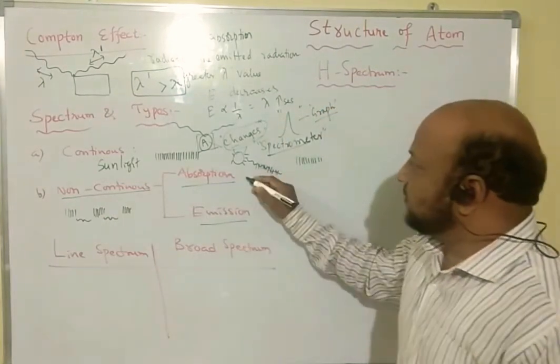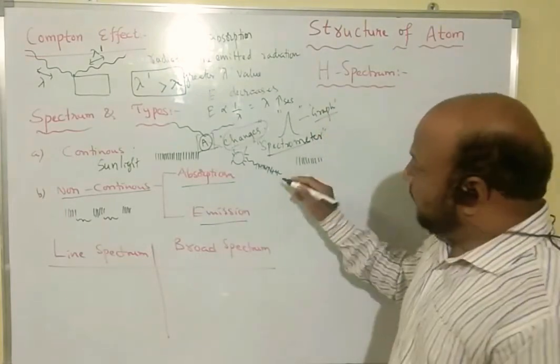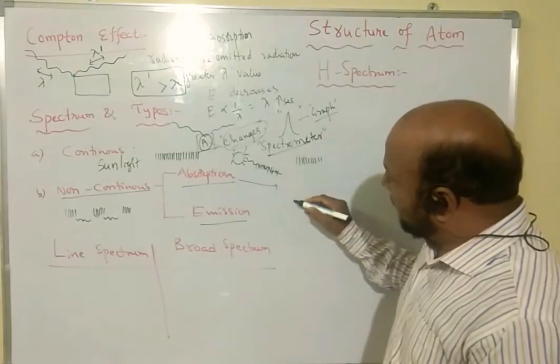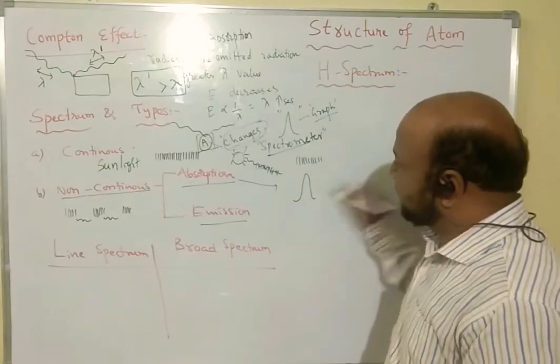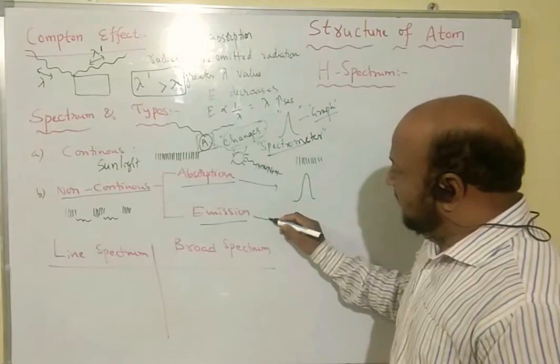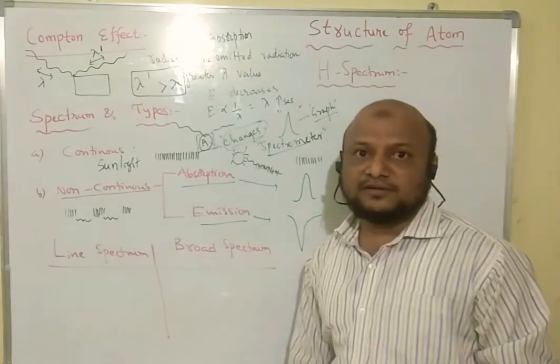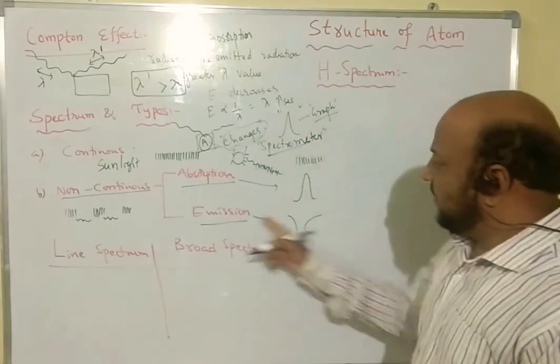In the absorption spectrum, the light is absorbed by the compound, so the spectrum is due to absorption. This is called the absorption spectrum. If the spectrum is observed due to emission, meaning losing of electrons, losing of energy, it is called the emission spectrum.